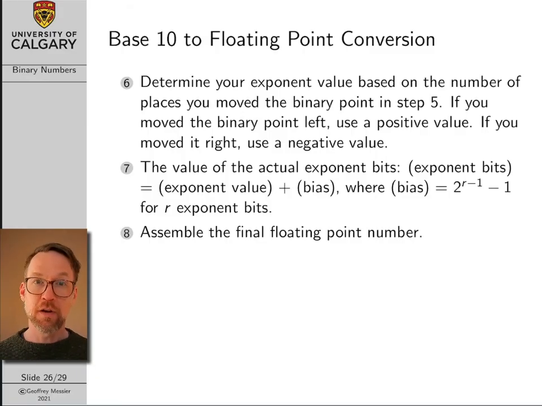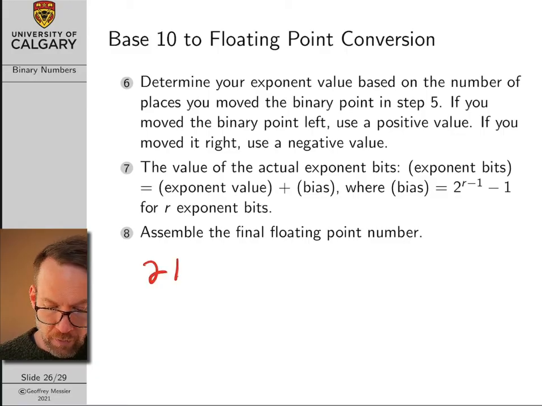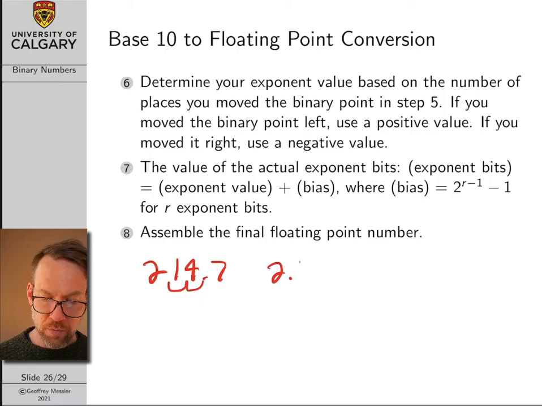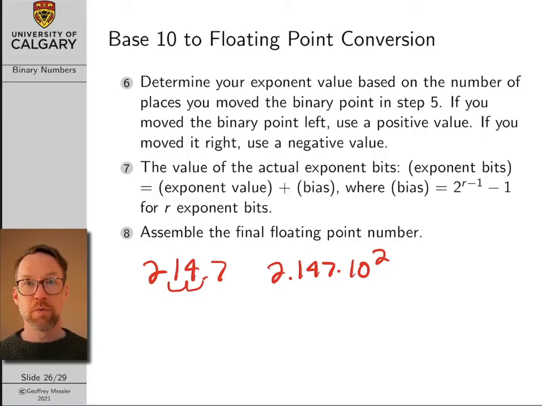And again, this is very analogous to scientific notation because if we have, for example, 214.7 and we want to represent it in scientific notation, we hop the decimal point 2 places to the left, and we have 2.147 times 10 to the 2. And we do the same thing with floating point numbers, except we're moving our binary point around. Once we've got the binary point in the right location, we then determine the value of our exponent bits.